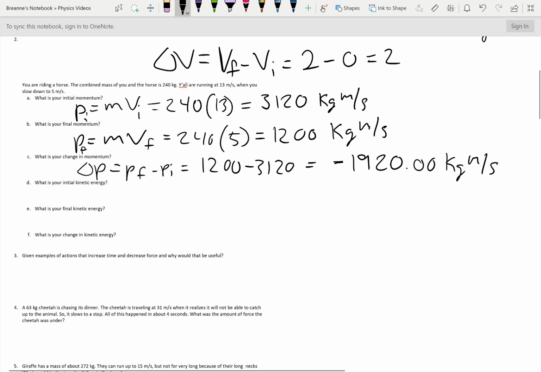So what is your initial kinetic energy? Now, hopefully you remember that your kinetic energy is 1/2 mv squared. It's asking for the initial, so you need the initial velocity.